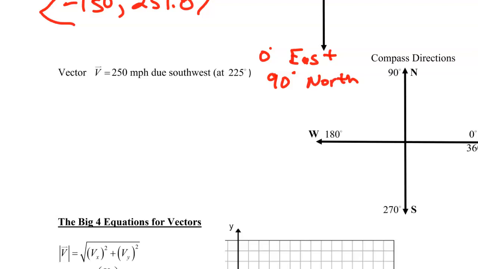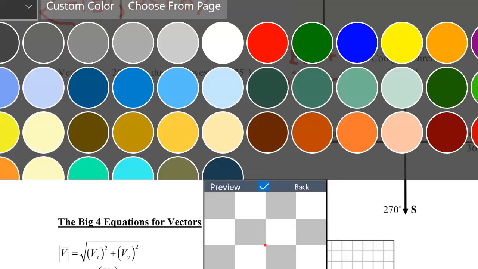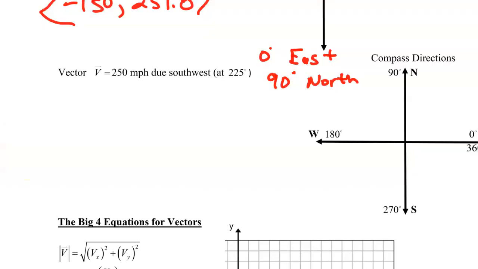Okay, these are important. So for my next example, if I have 250 miles per hour at southwest, well, southwest is between south and west, right in the middle. Is my 250 miles per hour, and it would be between south and west, or 225 degrees.